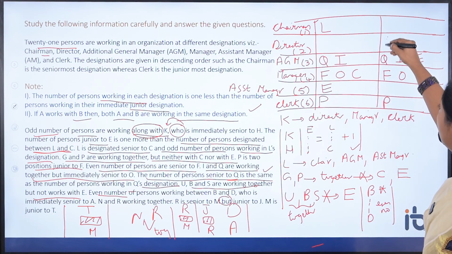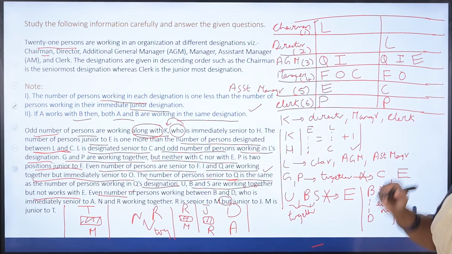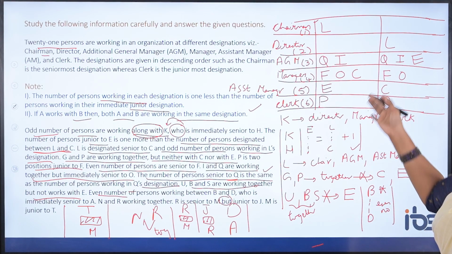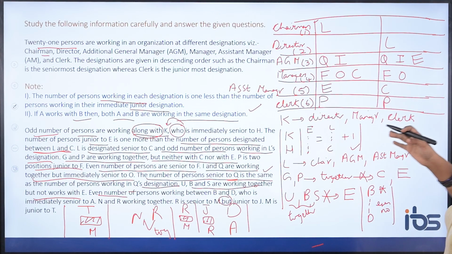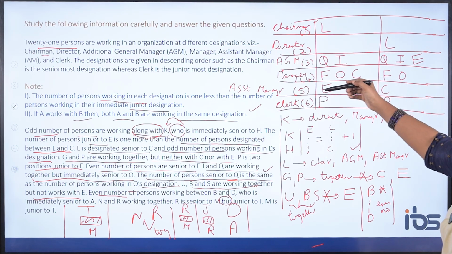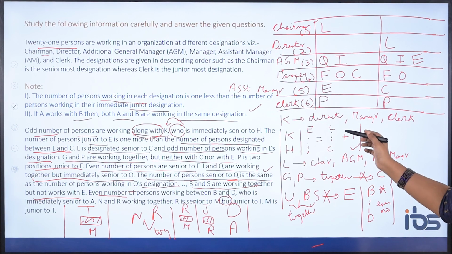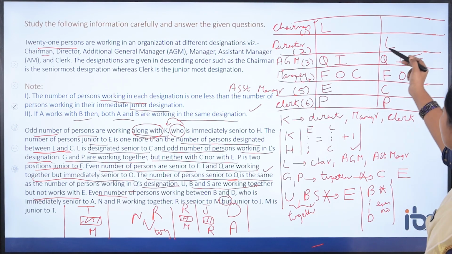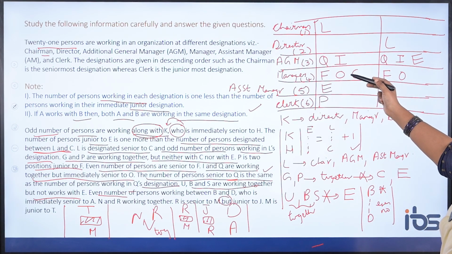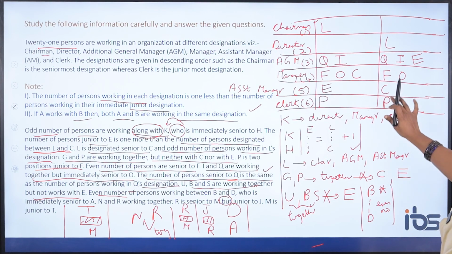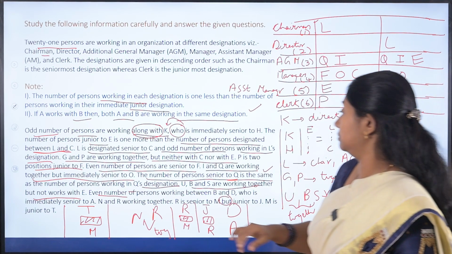Okay, you are getting L here and C here. This is another chance. We don't know in which possibility we will get the correct answer, so both the possibilities I have mentioned. Junior to E, here you are getting 10, 15. That value is one more than the persons between L and C. So persons between L and C is how many persons? Here down you have to mention C.